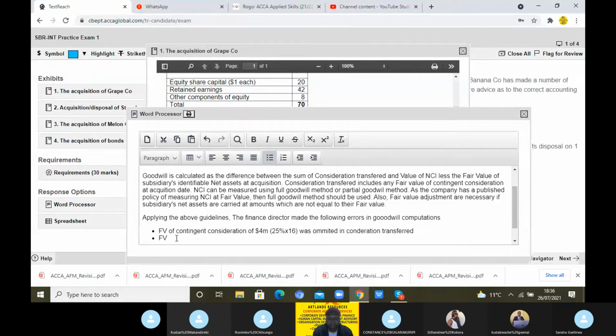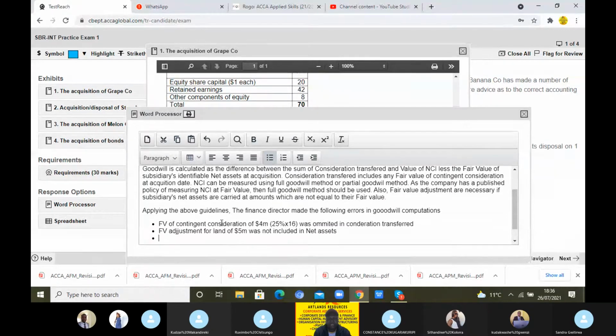You bring your case here: fair value adjustment for land of 5 million was not included in net assets.